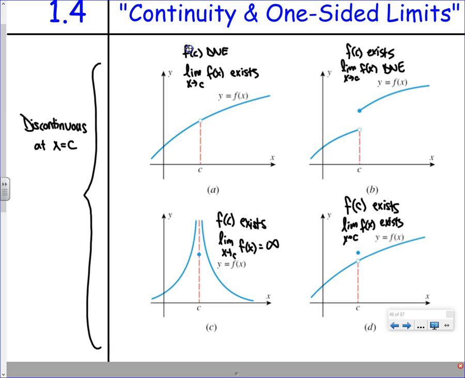The function exists, the limit, well, this is where the technical comes in. Does the limit actually exist and approach a point? So we would say technically the limit doesn't exist. The limit's infinity, it fits into the limit does not exist category. So we'll still say, okay, the limit did not exist on B or C. So either A, the function doesn't exist, B or C, the limit doesn't exist, but D, they both exist.